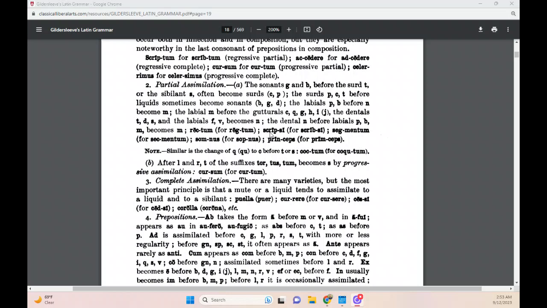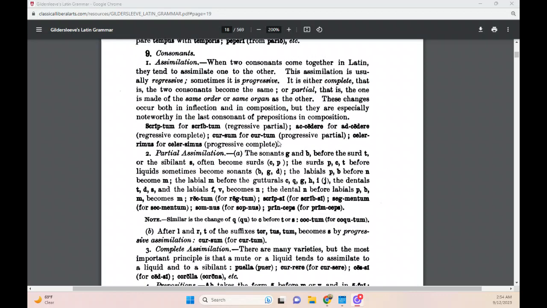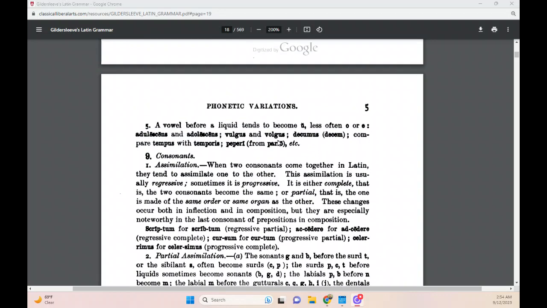So all three of those are treated as a single blend or a single consonant sound because that's a combination of consonants that can begin a word. Here's another example. P-R. In princeps, those two consonants can begin a word and therefore they'll be treated as a single consonant sound.